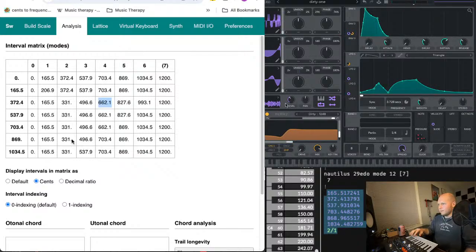But then you have like a minor with this nice, I guess this is like a, what did we say this was? 23/19. This is like a 23 limit minor third. I'll just call it the novum decimal, even though it's whatever the fancy math term for 23 is, decimal.